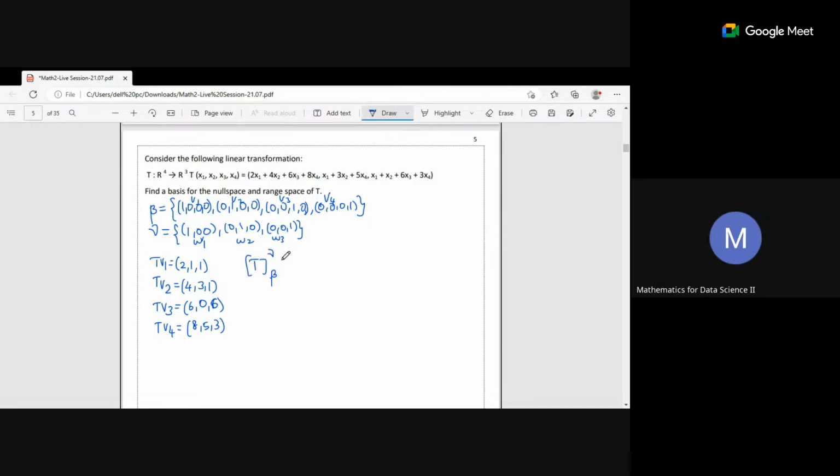Here it is the standard basis, so we don't worry about what is the linear combination. It is going to be just these coefficients only, right? So straight away we can write the matrix. What are the matrix elements?